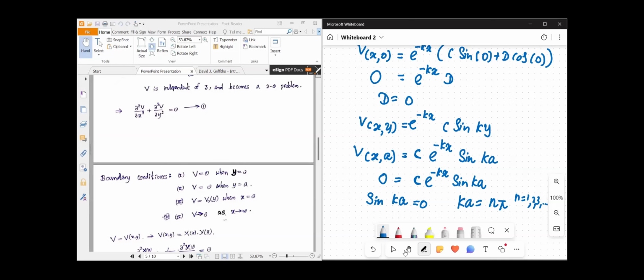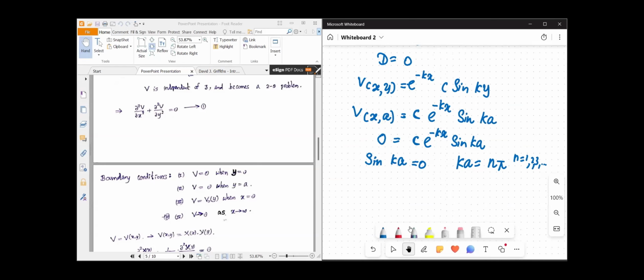So with that, we can write here k is equal to n pi over a. Okay.